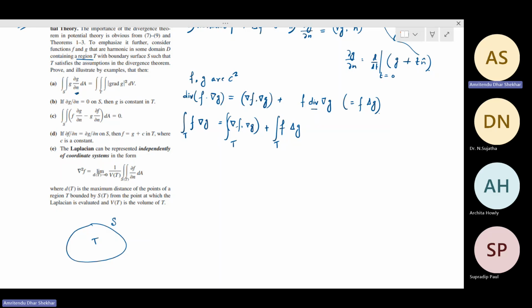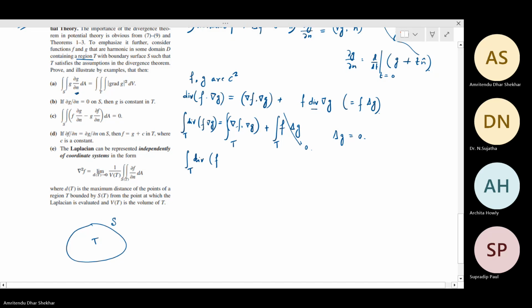Okay. However, it is given that g is a harmonic function, and so Laplacian of g is equal to 0. So this term, of course, drops to 0, and you are left with the integral over T of the divergence of f grad g, sorry, not f of grad of, so sorry, this is divergence of f grad g, is equal to the integration over T of the inner product of grad f and grad g.